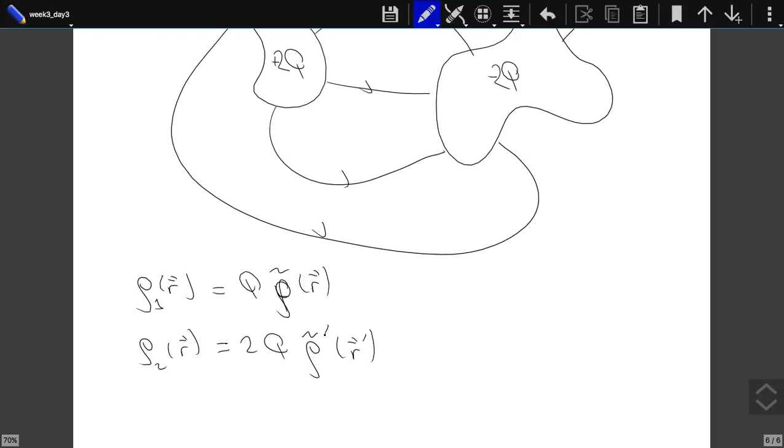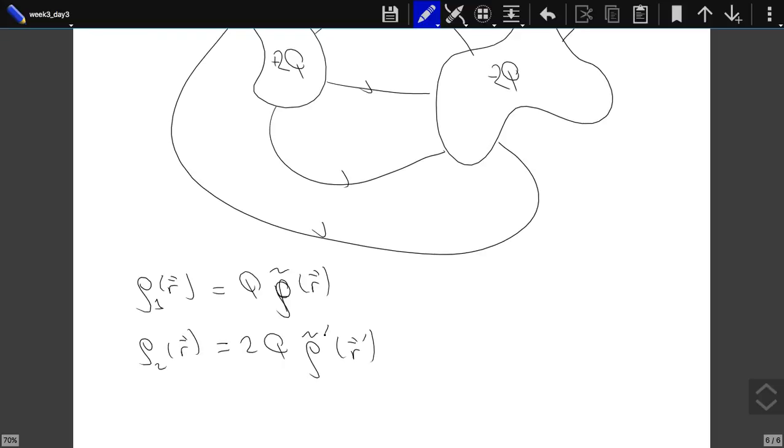Okay? So that's your claim. Okay, the rest, do you agree? So there will be some other charge distribution and hence some other distribution of the electric field lines. Do you agree?